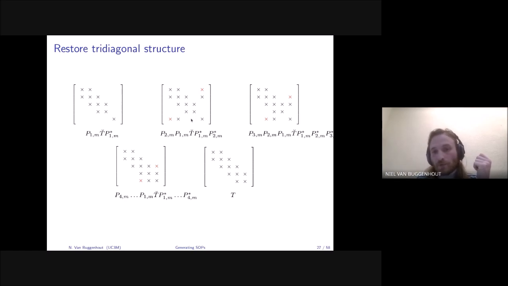And then we go on to the third figure, and there you see that these first two red elements have disappeared, but we have created also an extra element on the last row and the last column. And so then we keep doing this, we keep designing these plane rotations in order to get rid of these elements. And then after a few steps, what we see is that we have recovered, again, a tridiagonal matrix.